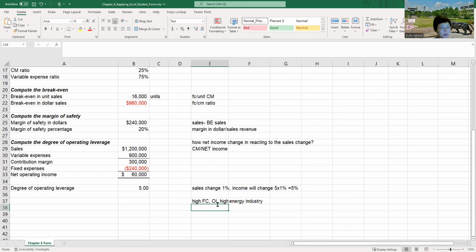With low fixed cost, or high variable expense, you probably have a lower operating leverage, like services or retailers.